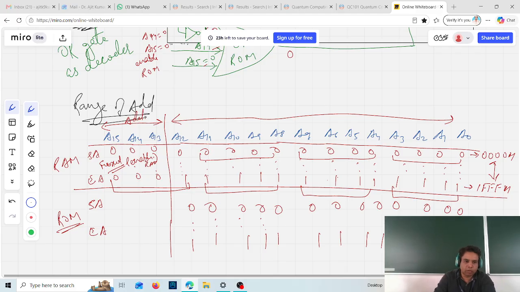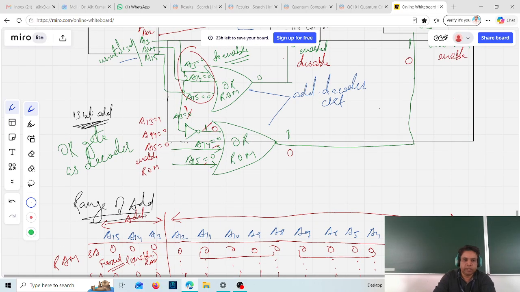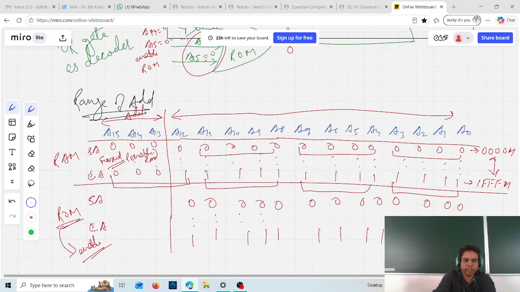Now, if we want to enable the ROM, what is the value of A13, A14, A15? You have seen A13 should be 1, A14 and A15 should be 0, 0. So this will be substituted here: fix A13 as 1, A14 as 0, A15 as 0. This will be fixed, whether it is the starting address or the end address.